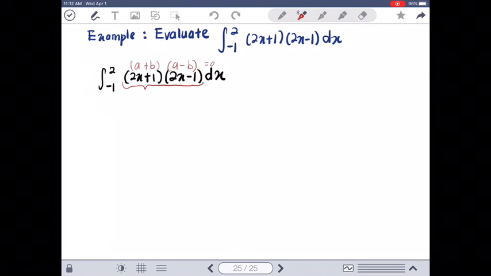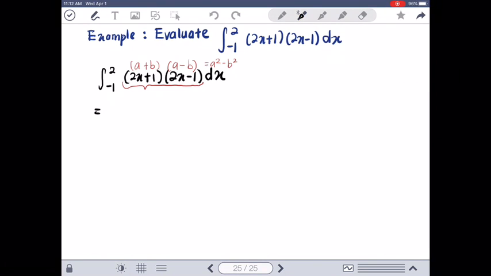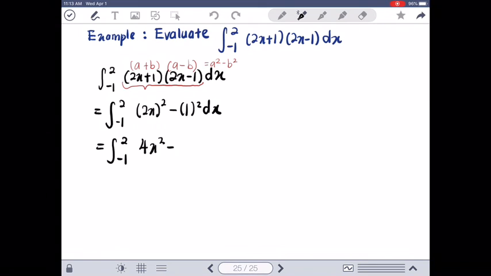So when we expand, we should get a squared minus b squared. So this is just equal to integration from -1 until 2 of 2x squared minus 1 squared with respect to x, which is just equal to integration from -1 until 2 of 4x squared minus 1 with respect to x.